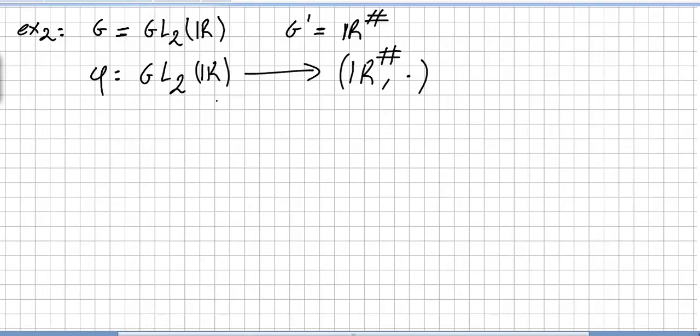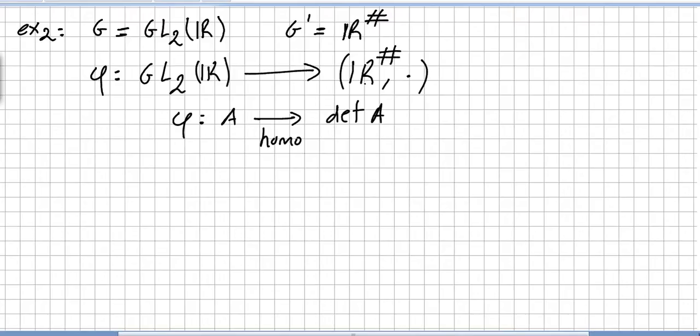So the mapping phi will map any matrix into its determinant. So this is clearly a homomorphism from the general linear group of dimension 2, entries in the reals, to the non-zero real numbers.